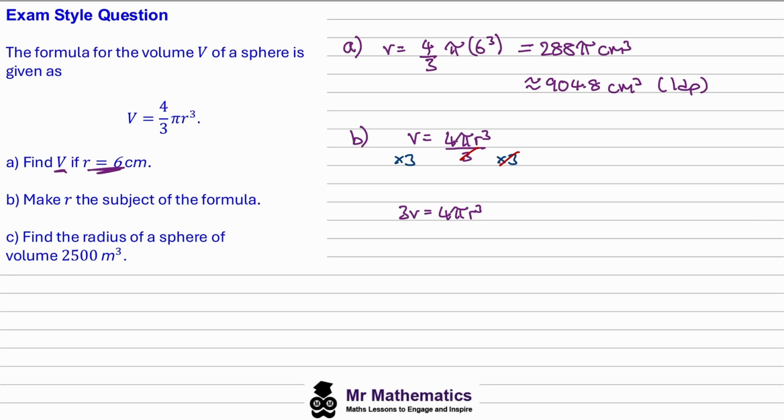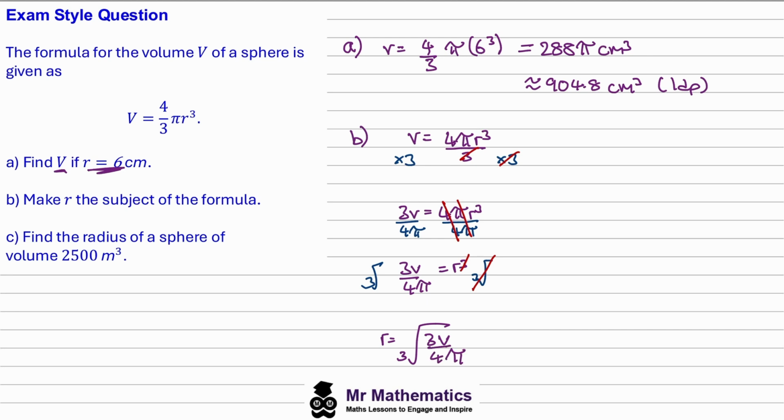And now we can divide both sides by the 4 pi. And then these multiplications will cancel with the divisions. So 3V over 4 pi will equal R cubed. And now we can take the cube root of both sides. These will cancel. So we're left with the radius will be the cube root of 3V over 4 pi.